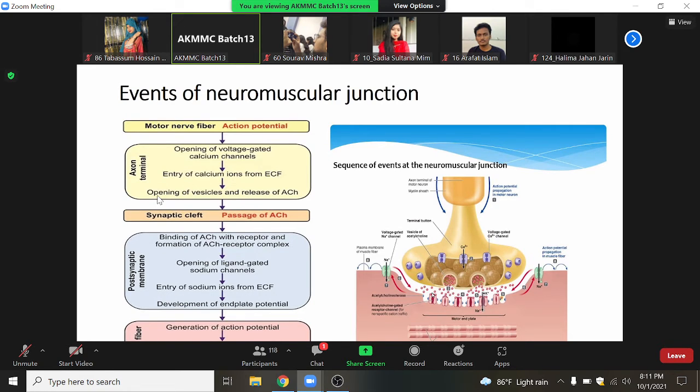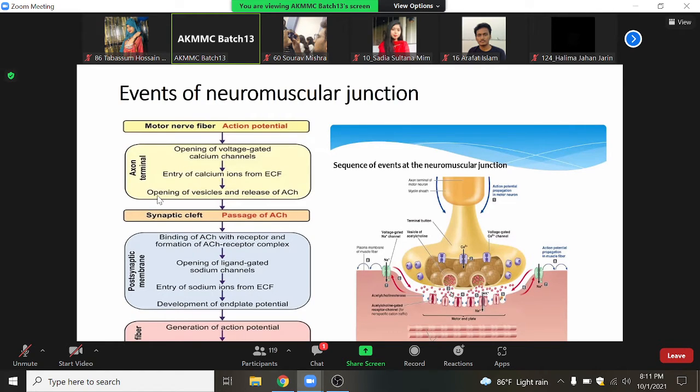This is called presynaptic membrane, and this is postsynaptic membrane, and the middle area is called synaptic cleft. In this synaptic cleft, the acetylcholine is released. So this acetylcholine then binds with the receptor and causes formation of acetylcholine receptor complex.